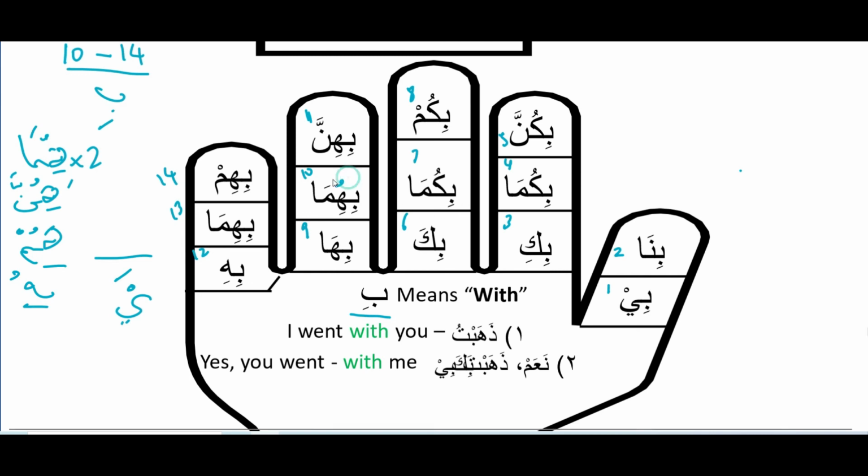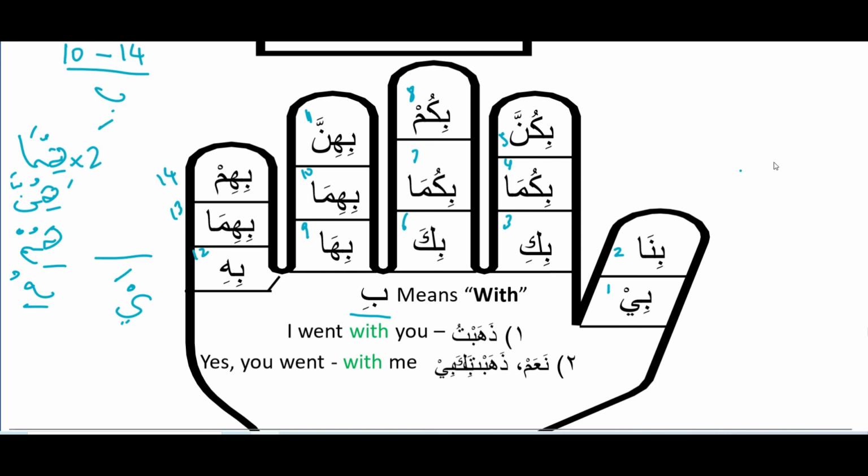It has to be bihima. Understand? Same, bihinna originally is bihunna. Then bihi originally is bihu. Bihima originally is bihuma. Bihim originally is bihum.